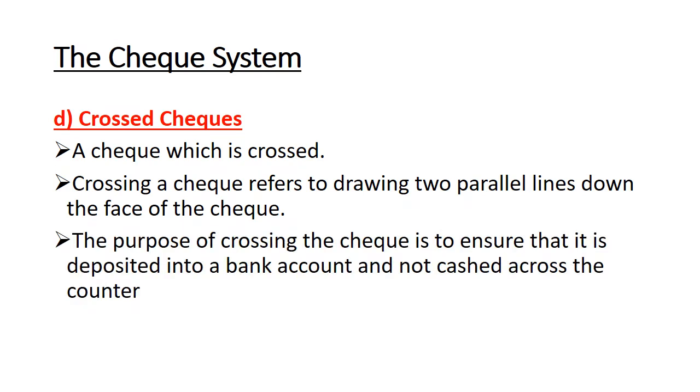The purpose of crossing the check is to ensure that it is deposited into a bank account and not cashed across the counter. So when you get a check, you take it to a bank. You are supposed to be paid, right, from the types of checks that we've discussed. Now for a crossed check, you won't be given cash money.